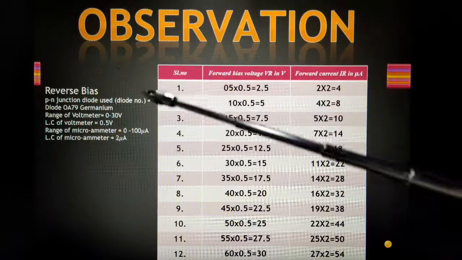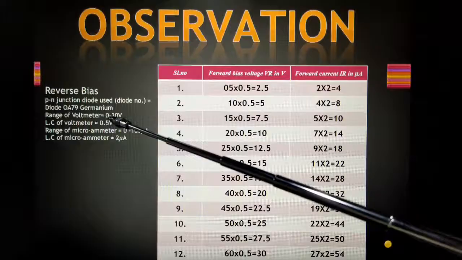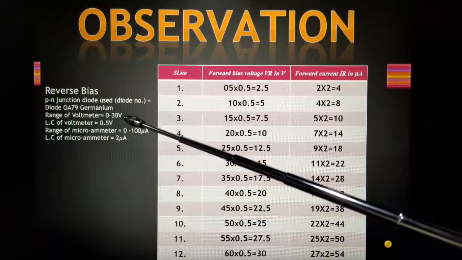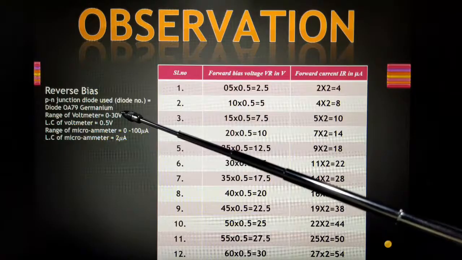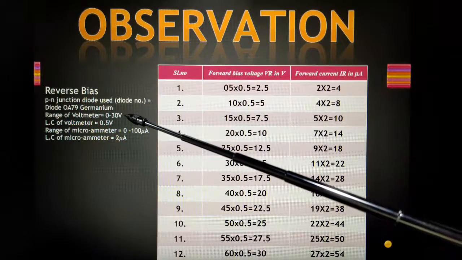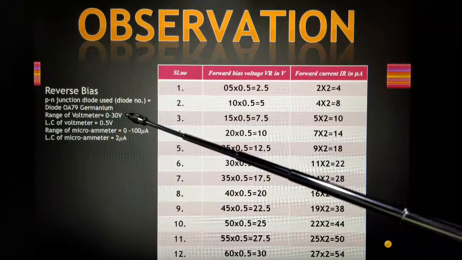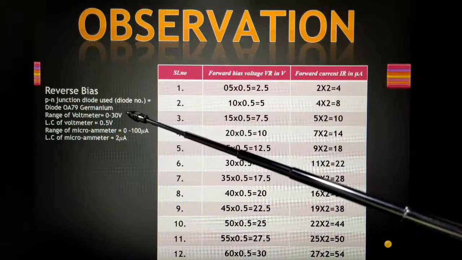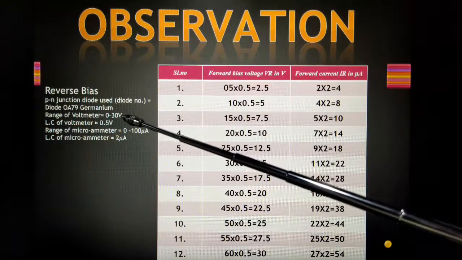Observation for reverse bias. The range of voltmeter used for reverse bias is 0 to 30 volts. You need a higher voltage battery biasing source because when it is reverse biased, the depletion layer increases.